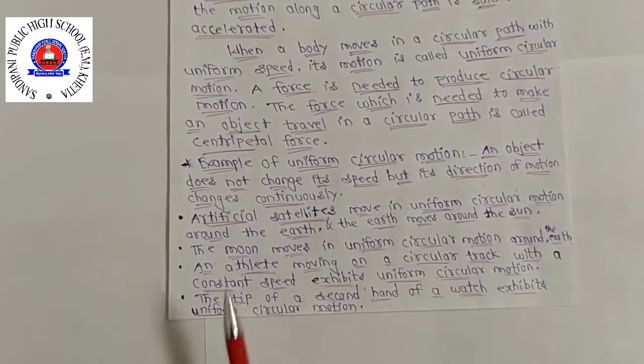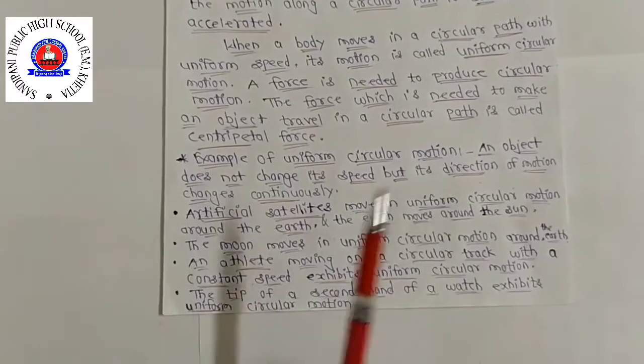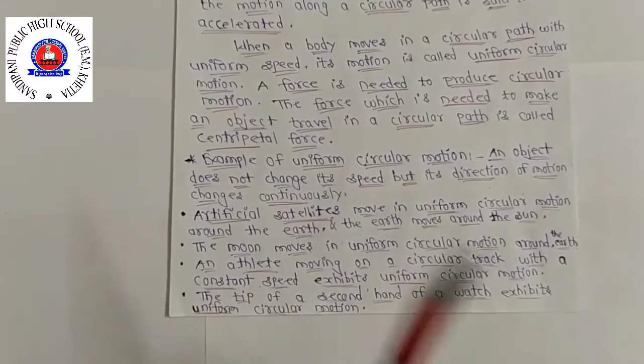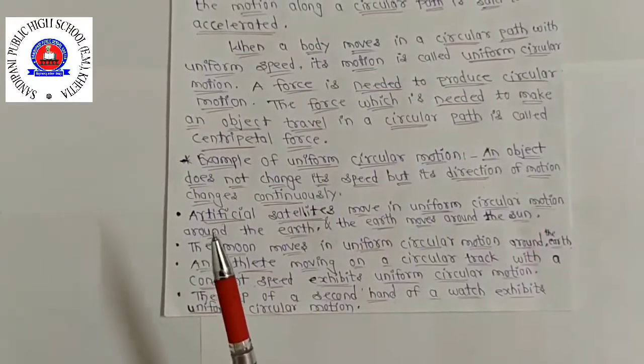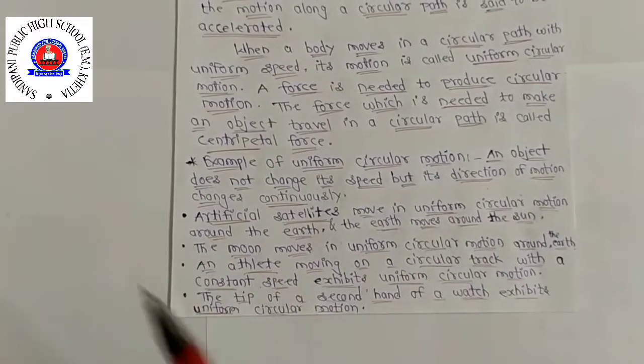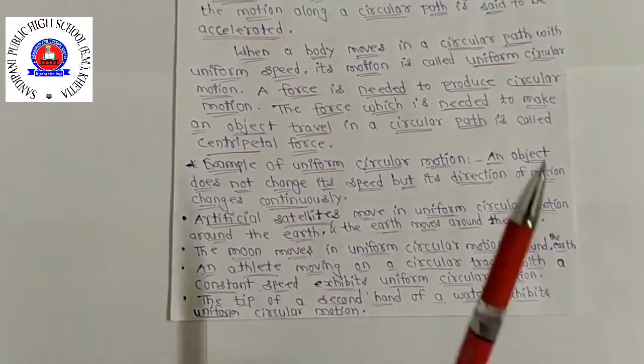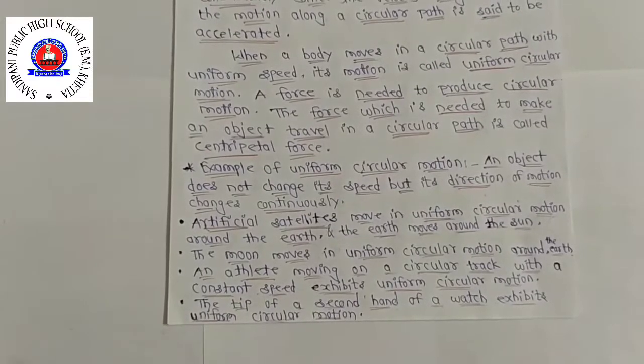The speed of the tip of the second hand is constant, but its velocity is not constant because the direction of motion of the tip of the second hand changes continuously. Thus the motion of the tip of the second hand of a watch is accelerated.